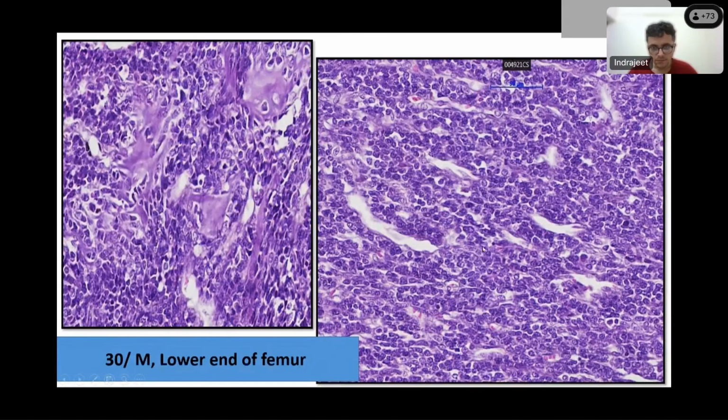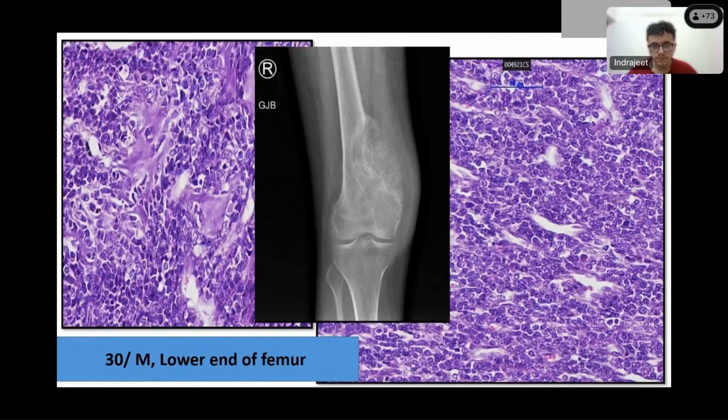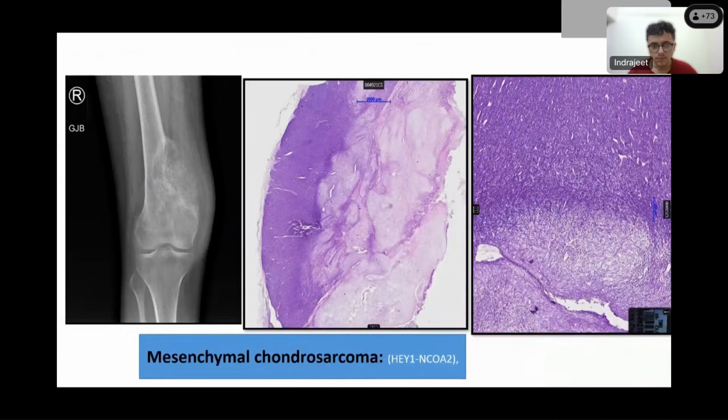Again, this is a round cell tumor, but what you can start seeing here is these are islands of cartilage. So a round cell tumor that looks like Ewing sarcoma but has cartilage, what is it? This is the histology, this is the radiology. This is a mesenchymal chondrosarcoma.